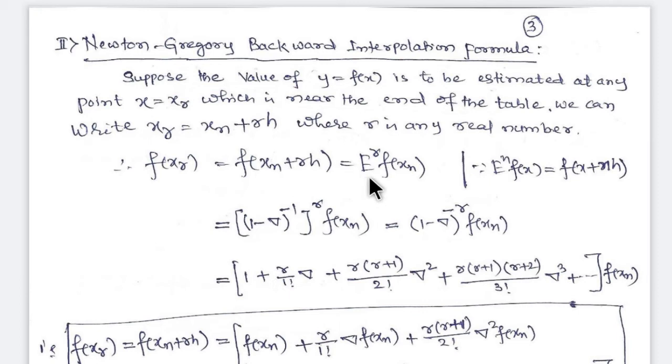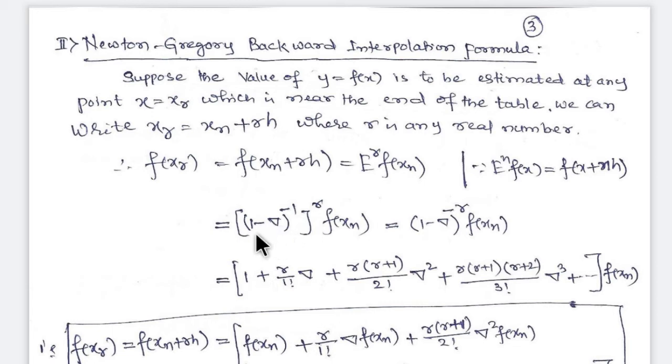This can be written using the displacement operator E raised to r of f of xn. Because of this formula, you know this. Here E can also be replaced, you know that E is also equal to 1 minus del operator, that is the backward difference operator, raised to minus 1.